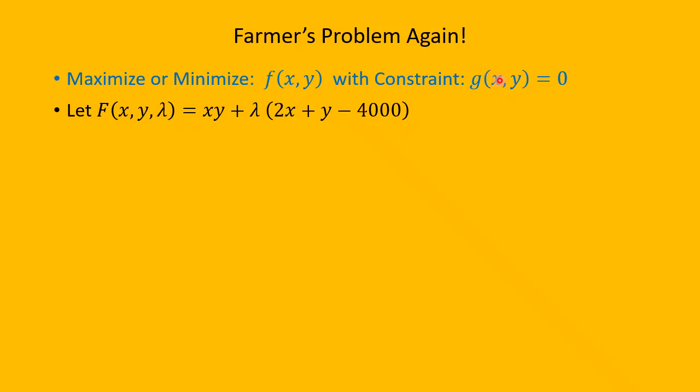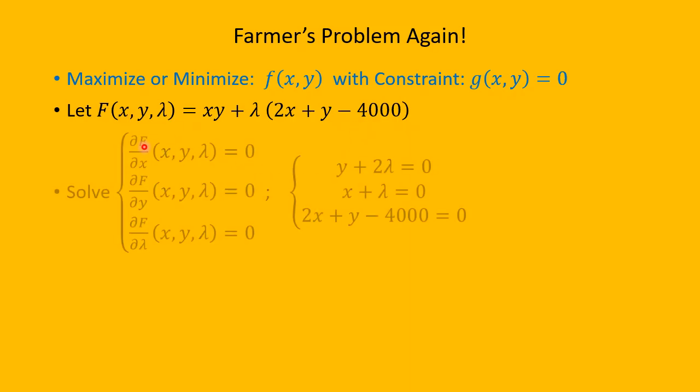Remember, we want the constraint to be in the form g of x y equals 0. So if we start off with 2x plus y equals 4,000 and subtract 4,000 from both sides, this stuff will be 0. So this is our function capital F.